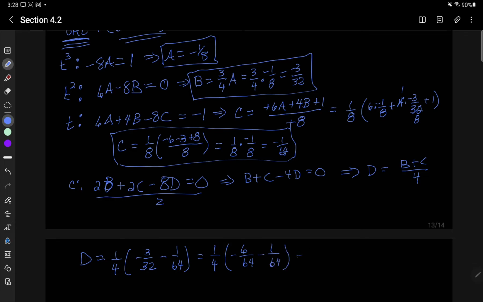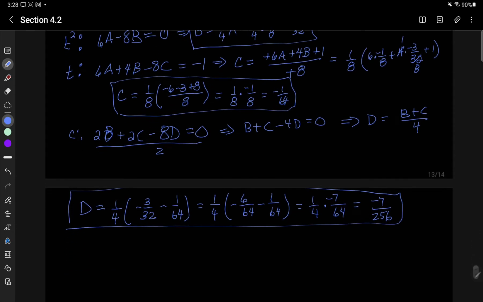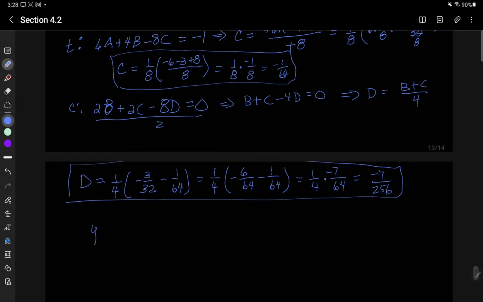That gives me -7/64. And multiply that by the 1/4, and you get -7/256. So d is -7/256. And from there, I get my particular solution.